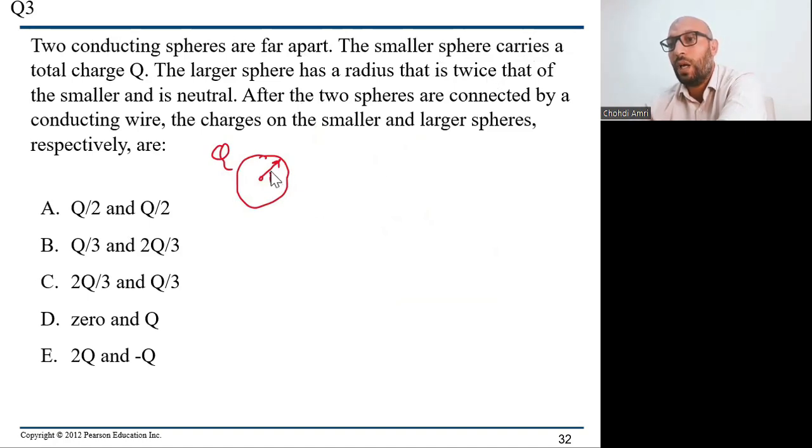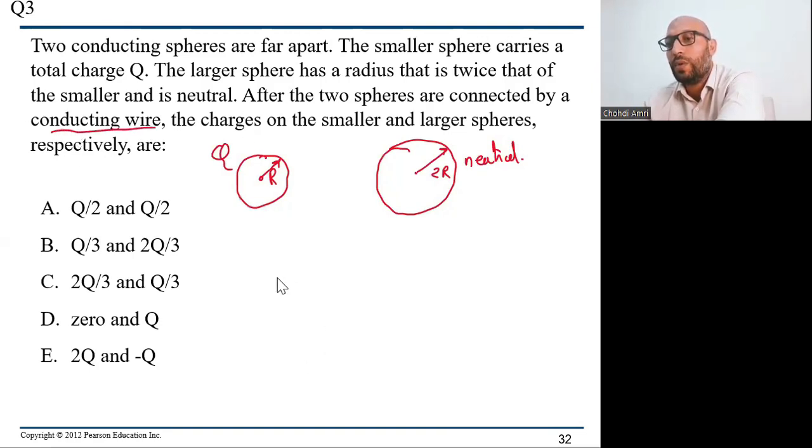Let's say this is R, and the other sphere has a radius 2R, but it's neutral. Then the two spheres are connected by a conducting wire, so we draw the two spheres connected with the wire.